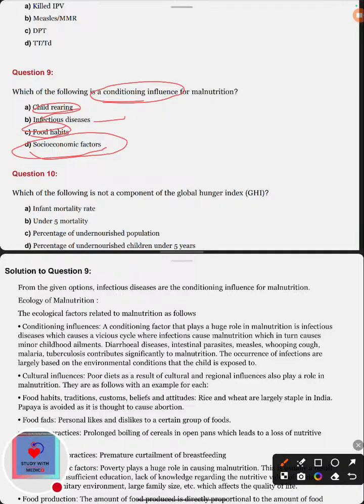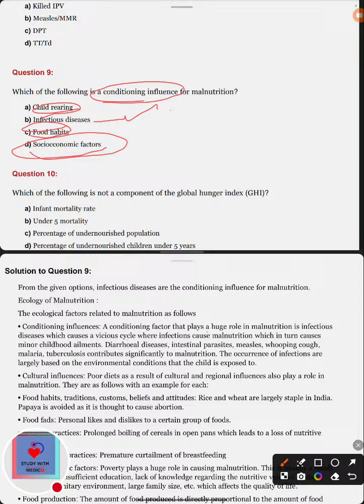It is infectious disease. Okay. Because of the condition, the child is not able to take food. There's no issue with the food, socioeconomic, or child rearing. Patients cannot eat because of the infectious disease.